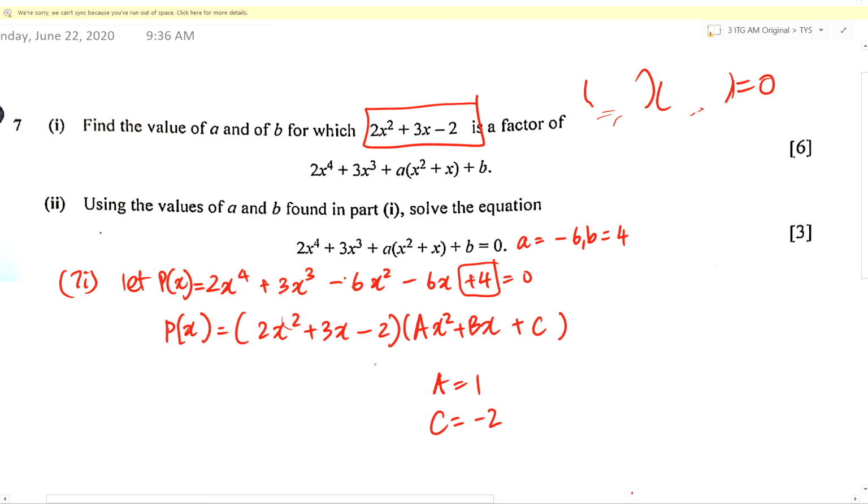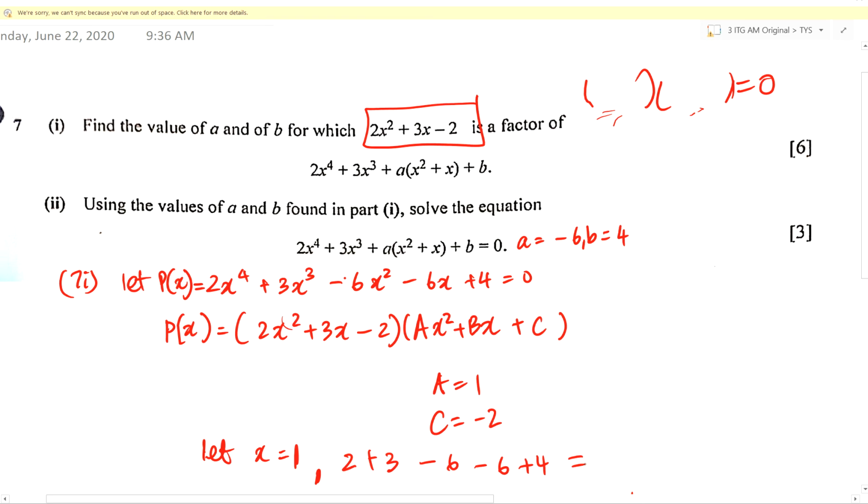There are many ways you can do it. You can be creative about it, but one of the most straightforward is if you just substitute in values. Let x be equal to, for example, 1. When you let x be equal to 1, our polynomial becomes 2 times 1 plus 3 minus 6 plus 4.